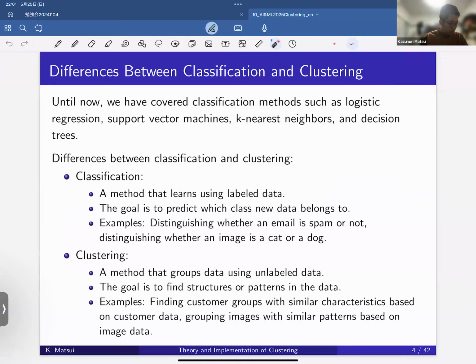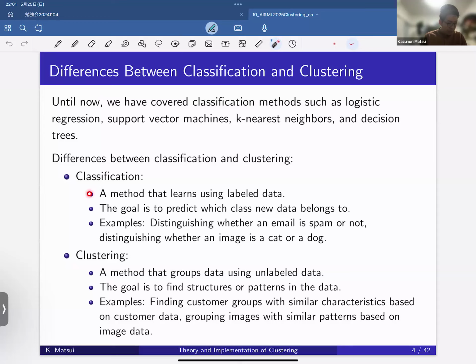Until now, we have covered classification methods such as logistic regression, support vector machines, k-nearest neighbors, and decision trees. Classification is a method that learns using labeled data.